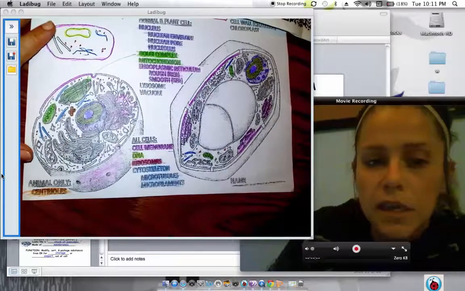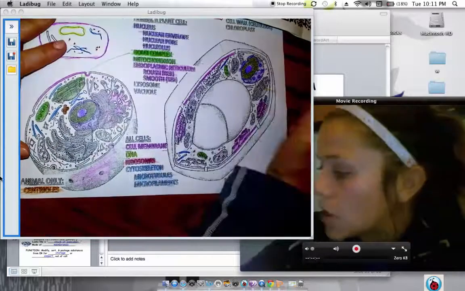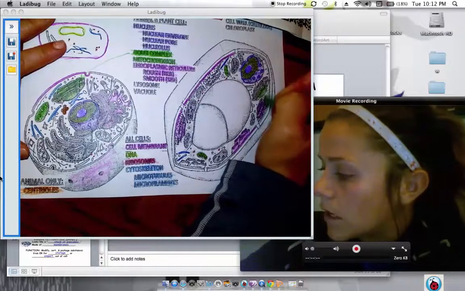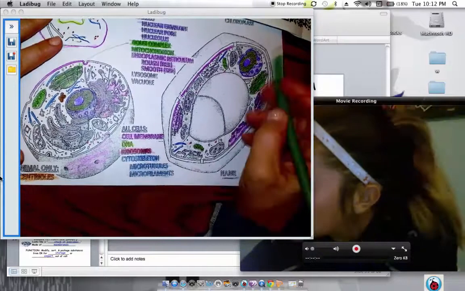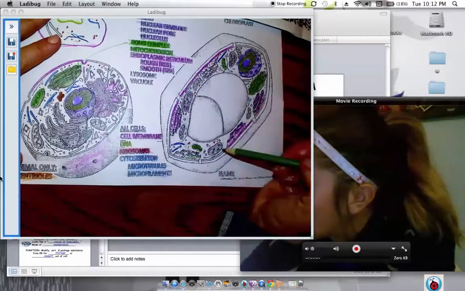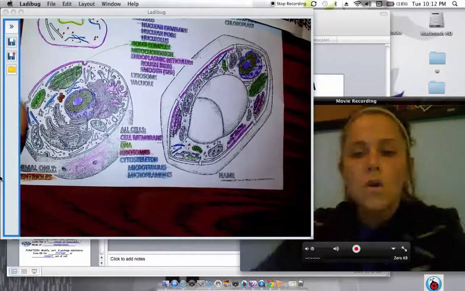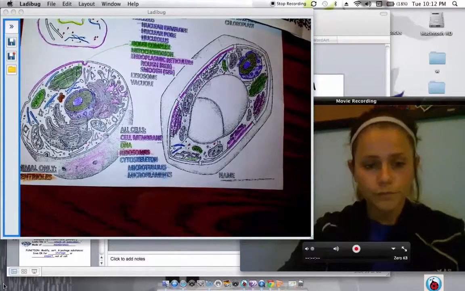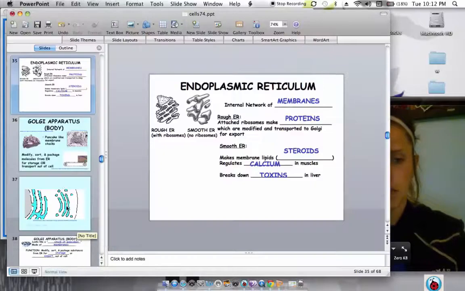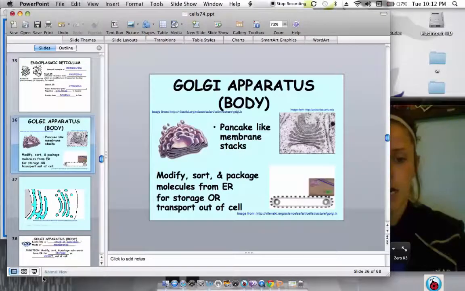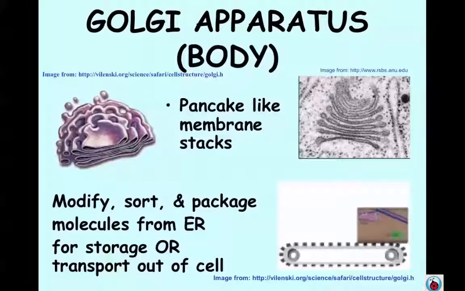This is the organelle that functions like UPS. Okay, so it is going to basically deliver, like in the plant cell, might be the only one that they identify. All right, so let's quickly talk about that. So we have our Golgi apparatus. We also call it Golgi body, so I'll refer to it either or. You should just know when you hear that Golgi word that it can be both of them.